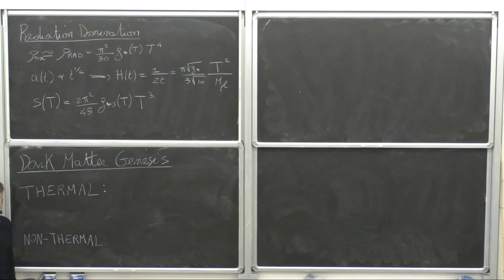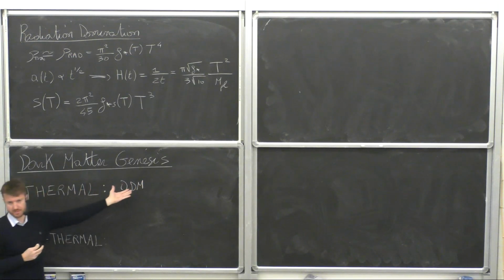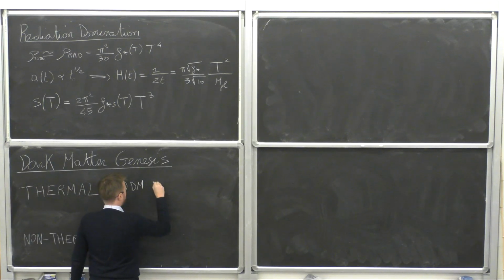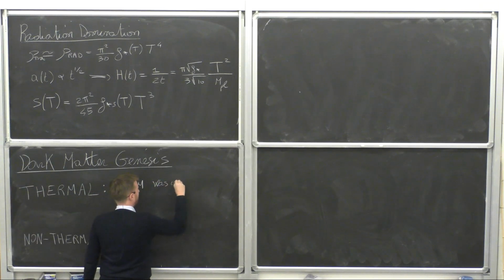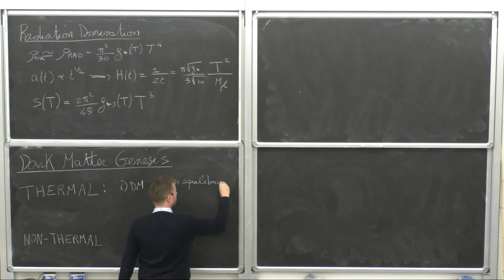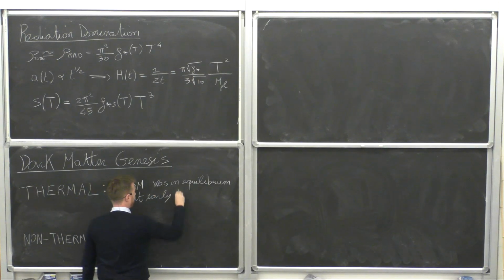This is really a zeroth order classification, and I define thermal production of dark matter as all the situations where two conditions are satisfied. The first one is that DM, which is the acronym I will use from now on for dark matter, was in equilibrium at early times.